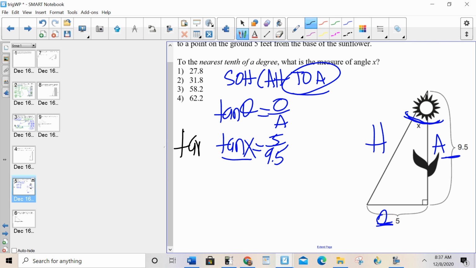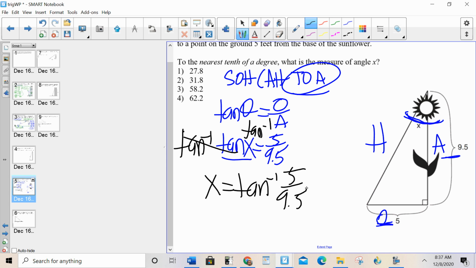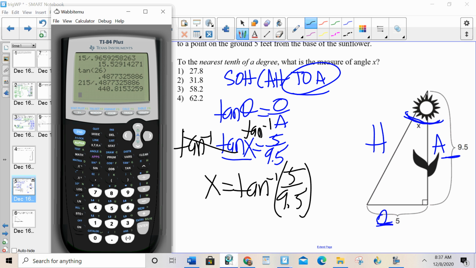I need to get rid of tan, so I do inverse tan of both sides. I go to my calculator, I hit second tan, alpha y equals enter, 5 over 9.5. It wants the nearest tenth of a degree. That would be 27.8.